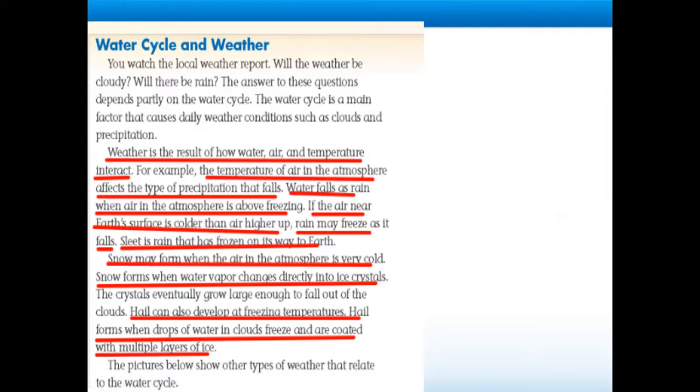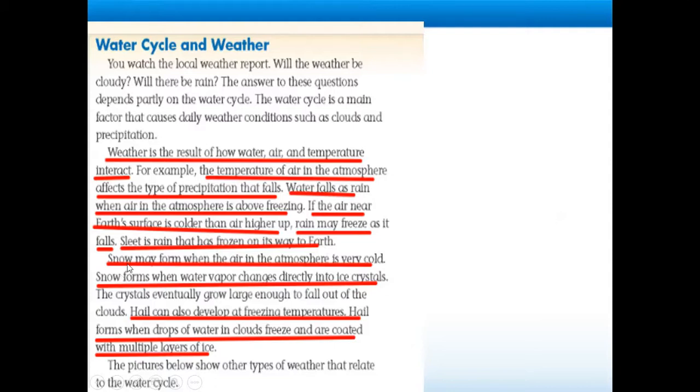If the air near Earth's surface is colder than the air higher up, rain may freeze as it falls. What will fall from the clouds if it's under the freezing point? Sleet is rain that has frozen on its way to Earth.